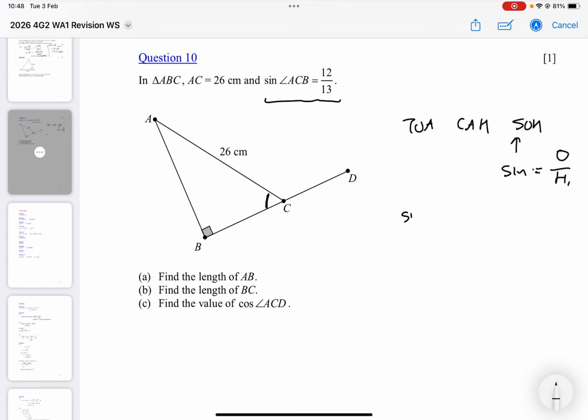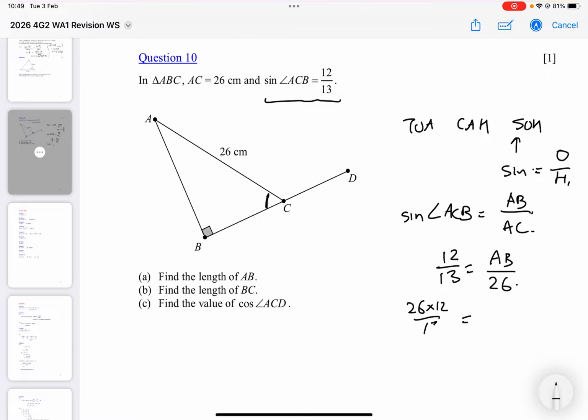In other words, sine of angle ACB equals AB divided by the hypotenuse, which is AC. They tell me sine of ACB is 12/13. I want to find AB, and I know AC is 26. So multiplying 26 across, I can find AB already. So AB equals 24.